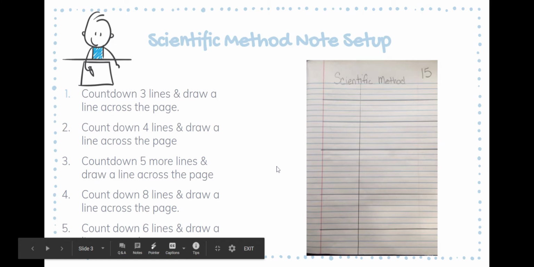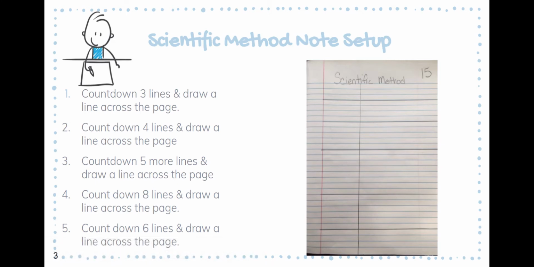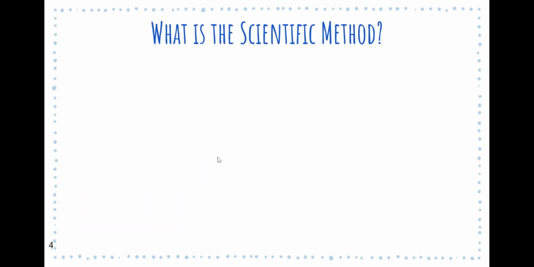Next, you're going to count down 3 lines and draw a line across the page. Then you'll count down 4 lines and draw a line. Then you'll count 5 more lines and draw a line, 8 lines down and draw a line across the page. And then finally, you're going to count down 6 lines and draw a line across the page.